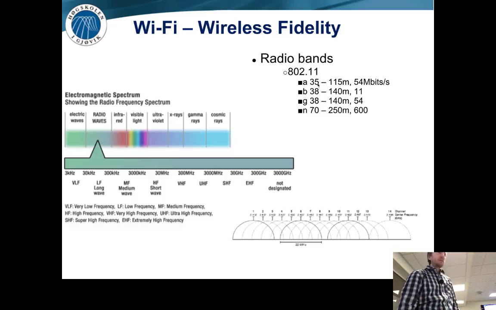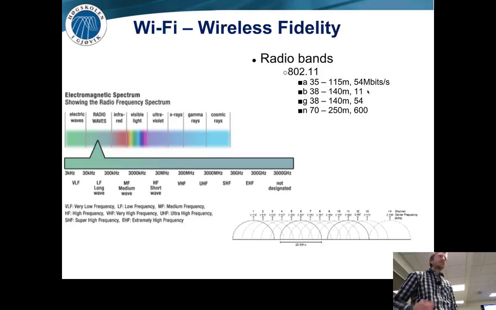And it started with 802.11a, which was using a range of between 35 and 115 meters, and it was able to transmit up to 54 megabits per second, okay? So standard B can only do 11 megabits. How is that an improvement? What do you think?